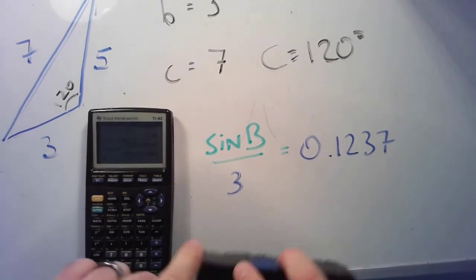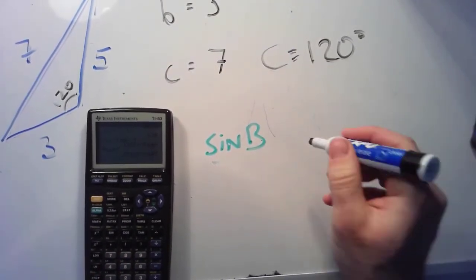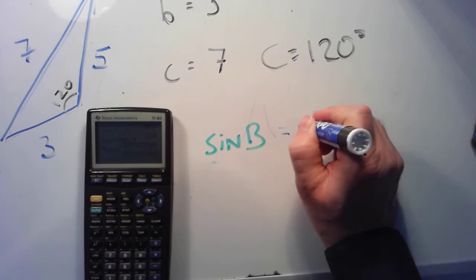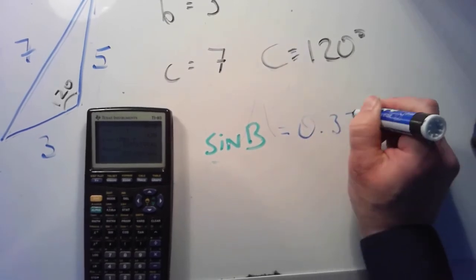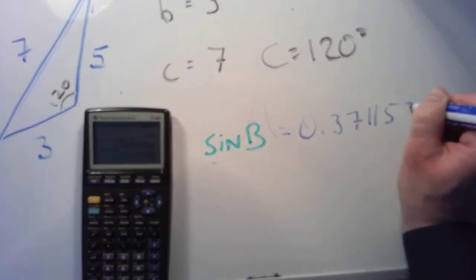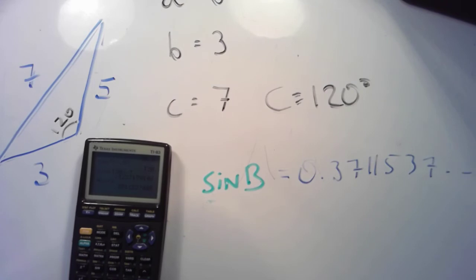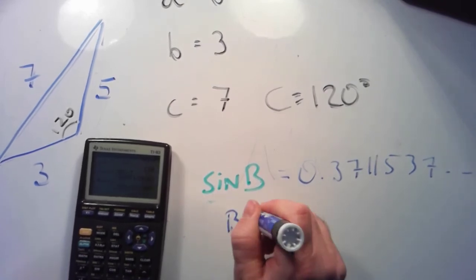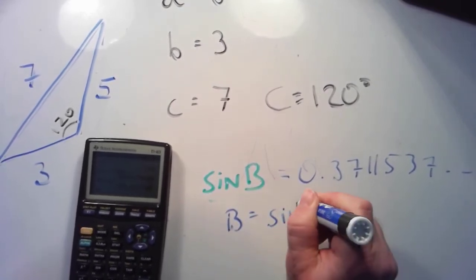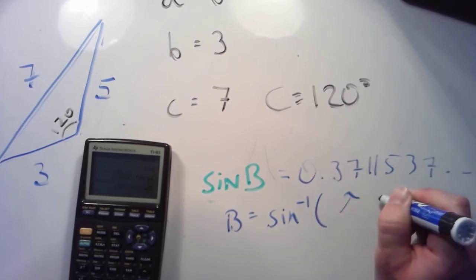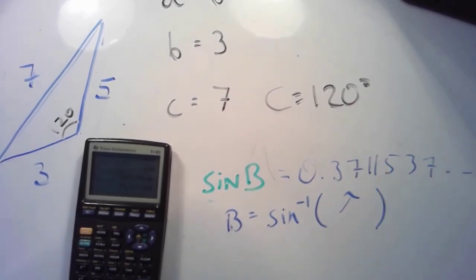So multiply both sides by 3. And so if you want to know angle B, take the inverse sine of it.